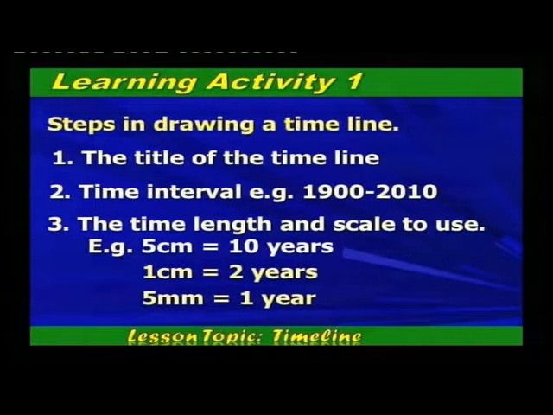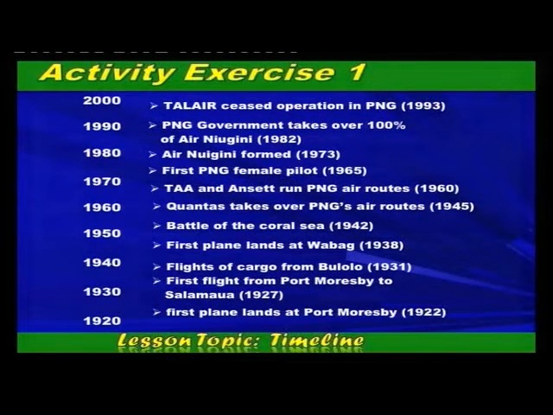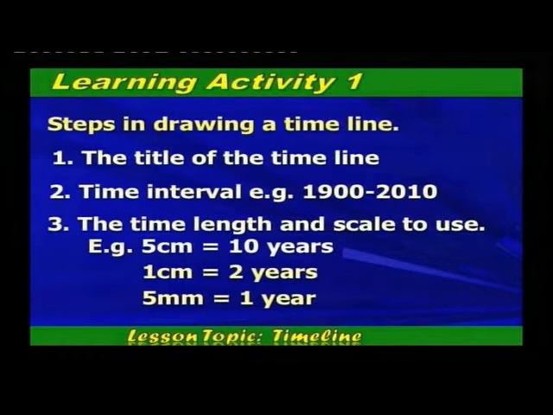Then you must know the time interval, from which year in the past to which year in the present. And the time length. You give the scale division. How many centimeters will be equal to how many years? You work that out in your groups. You decide.